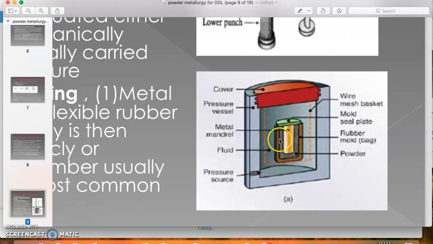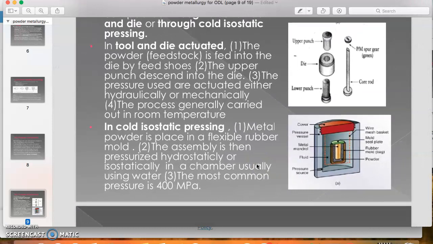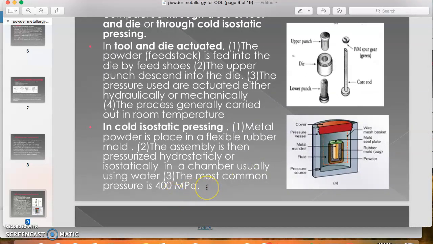The compaction process using isostatic forming is much better in terms of quality, because the pressure is uniformly distributed at every corner, every space of the mold. The most common pressure is around 400 megapascals.